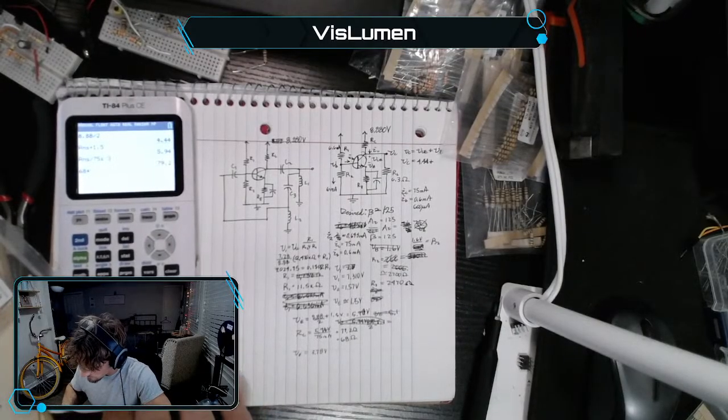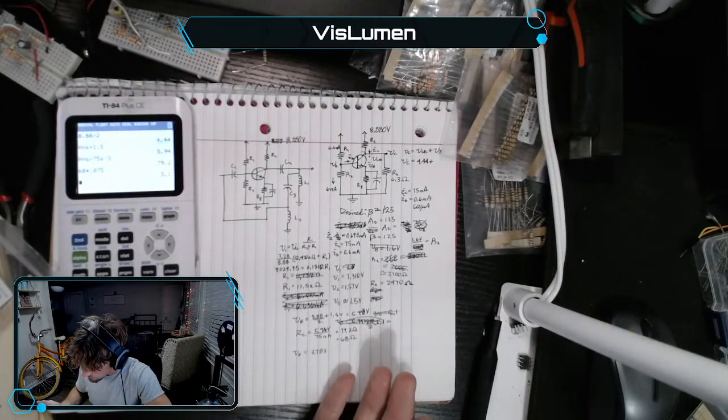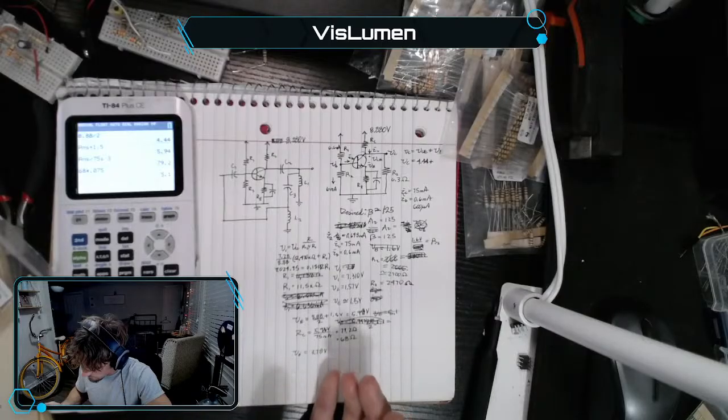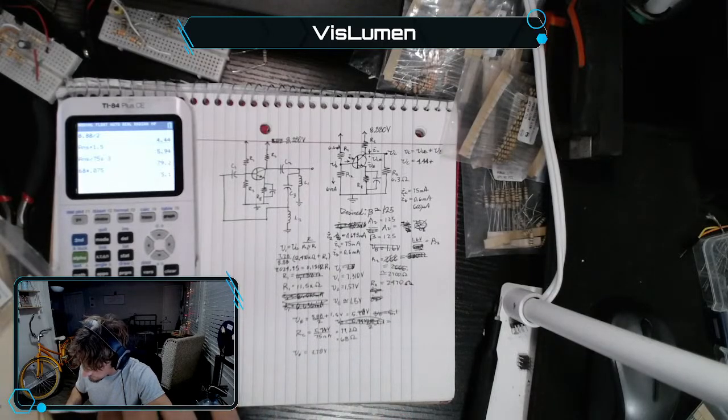So 68 times 0.075 is 5.1. Yes, 5.1 divided by 68.